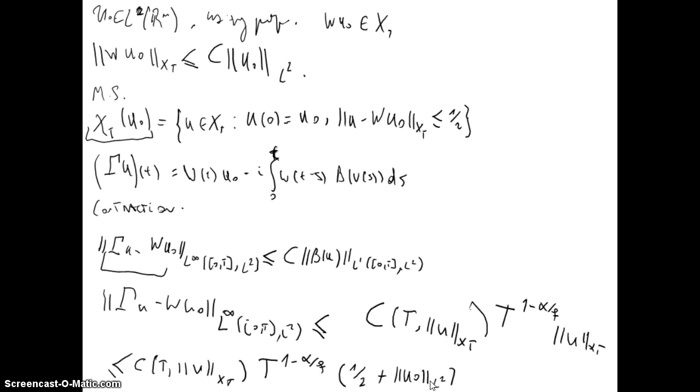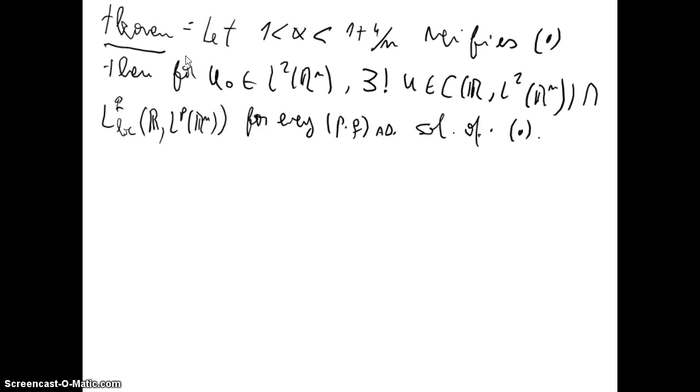Okay, so as we have that 1 minus alpha over q is positive, for t small, we've got that this is less than or equal to 1.5. Okay, so similar arguments prove that Gamma is a contraction.